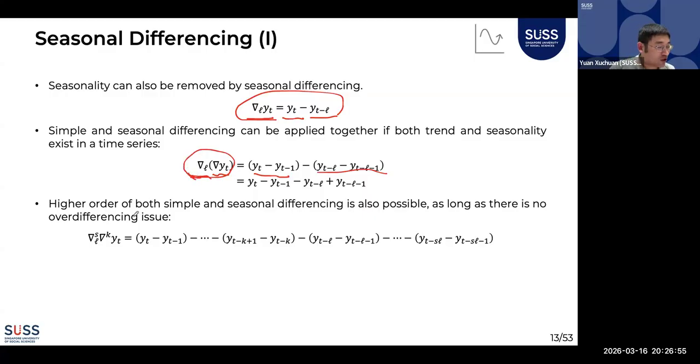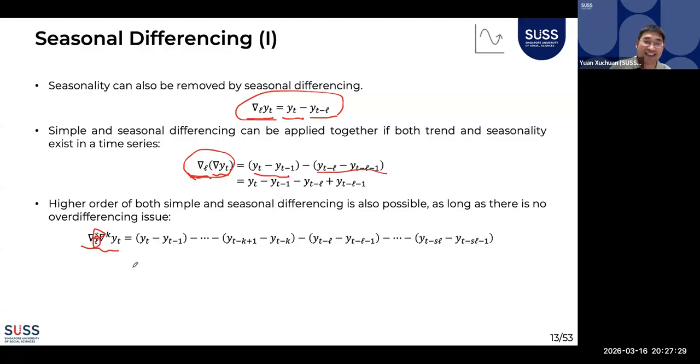Of course, you can do so-called high order differences, for both simple and seasonal difference. For example, here you use a k order difference, and then you do a seasonal difference, where the seasonal length is L and there are S cycles in your data. Sometimes the notation can be very complex.